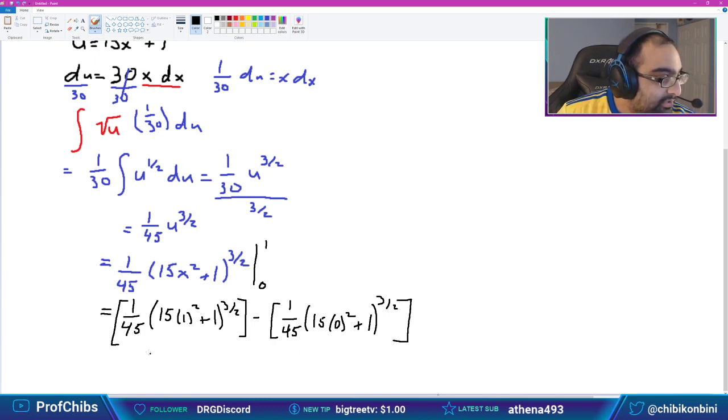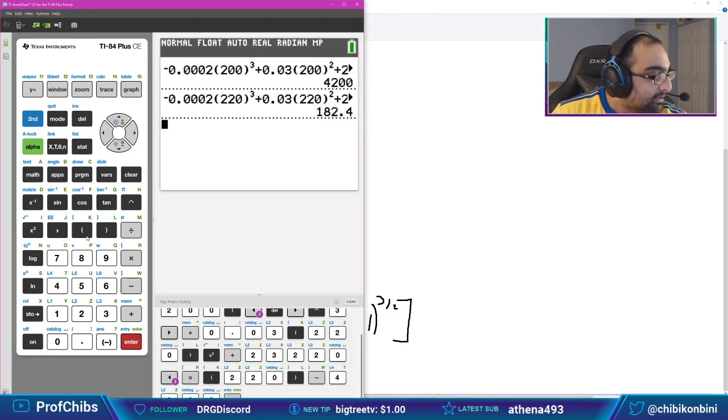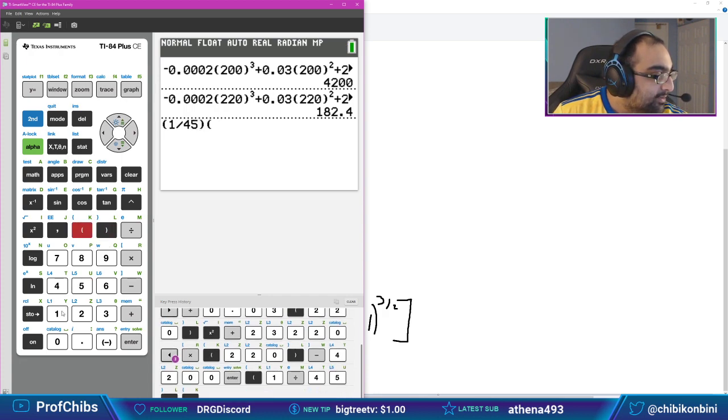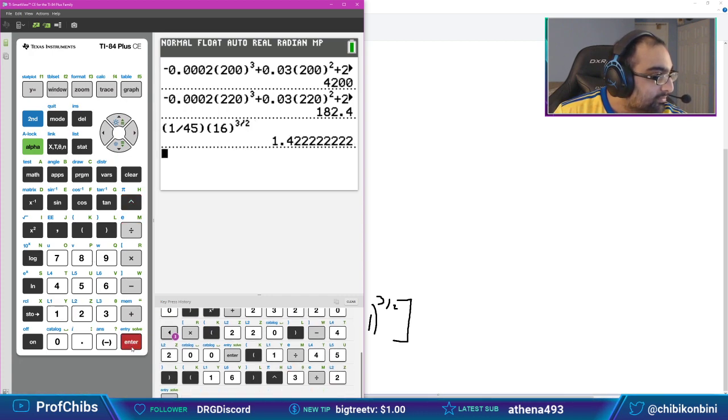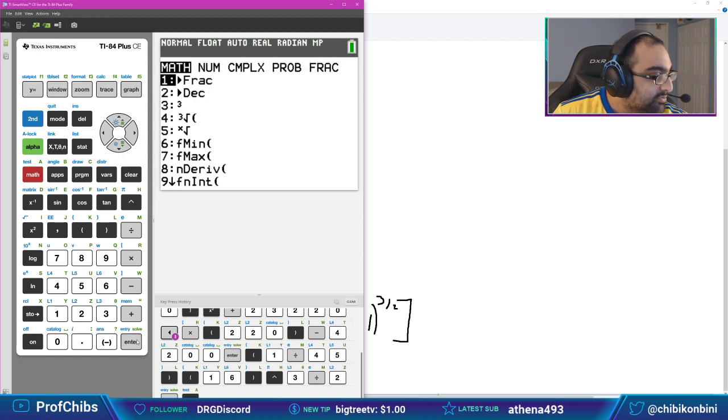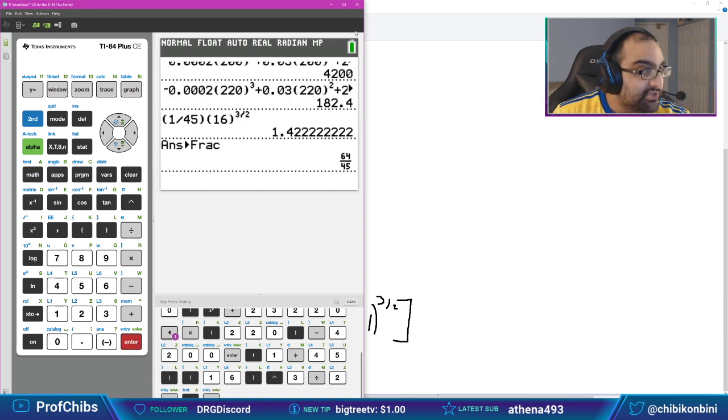Okay, so let's see what we get here. In this case, we get 15 plus 1, you get 16 here, so we get 1/45 times 16 to the 3/2. Let's figure that out on the calculator. Should be 64, I believe. So 64/45, that's correct.